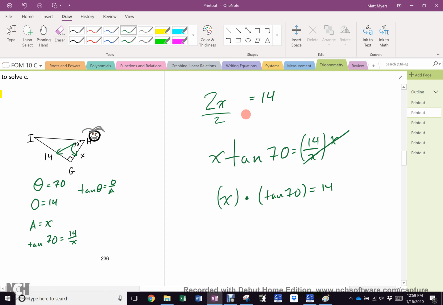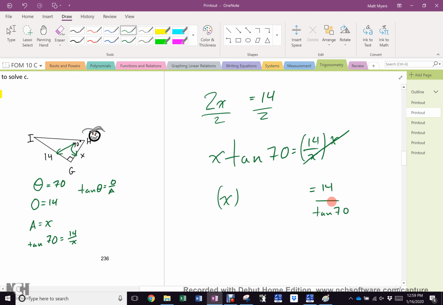I divide by 2. So how do I get rid of this tan 70? So what do I have to do over here? Divide by tan 70. Everybody cool? What's going to happen to these two tan 70s? Cancel out. And now, x equals 14 divided by tan 70.